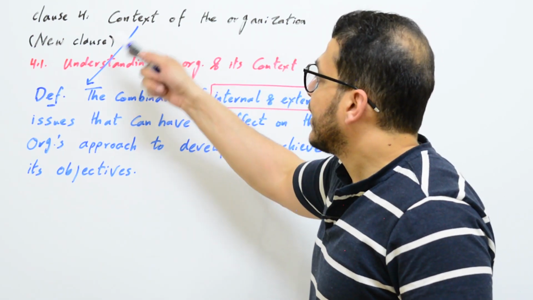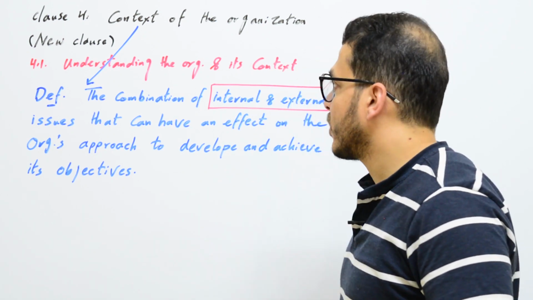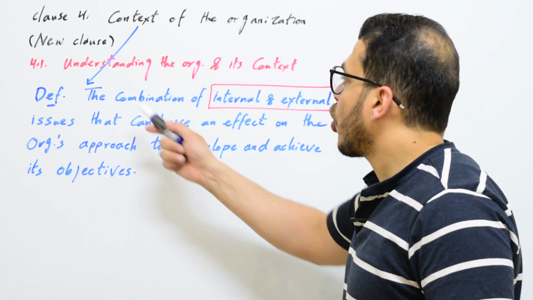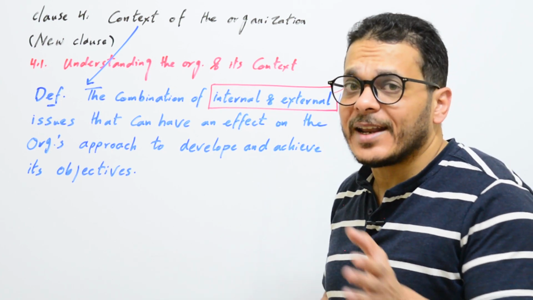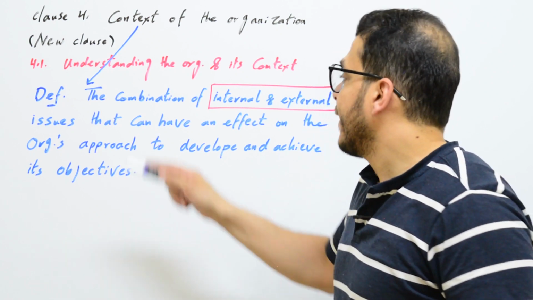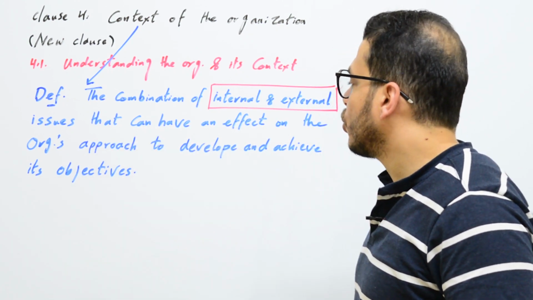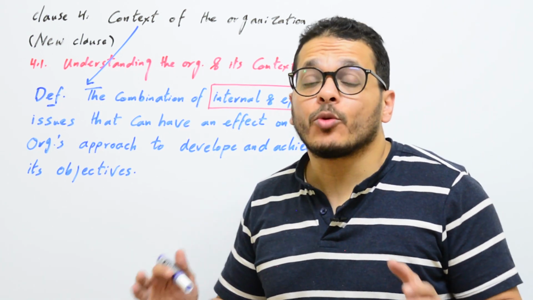So, definition of the context of the organization, as in ISO 9000 2015 edition, is the combination of internal and external factors, internal and external issues that can have an effect on the organization's approach to develop and achieve its objectives.